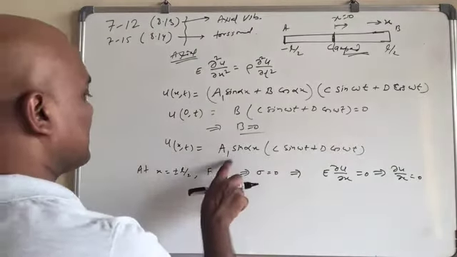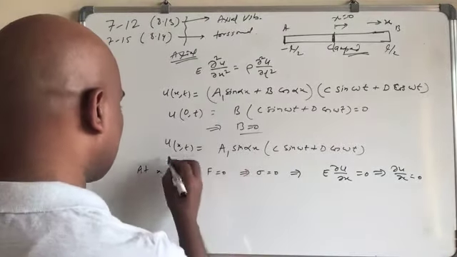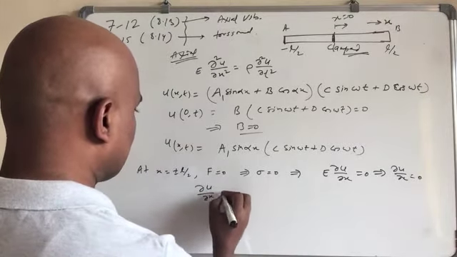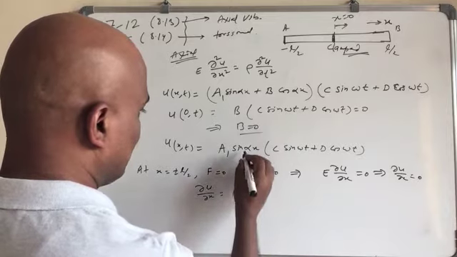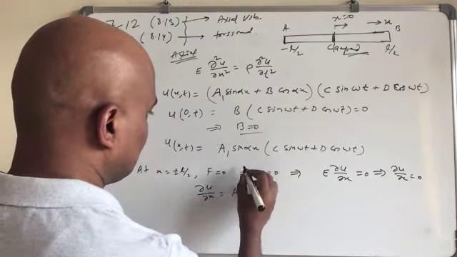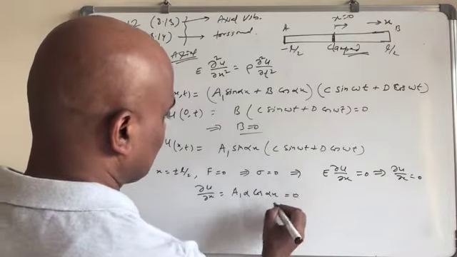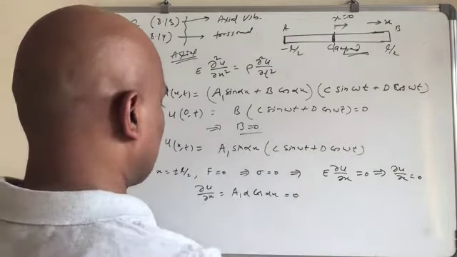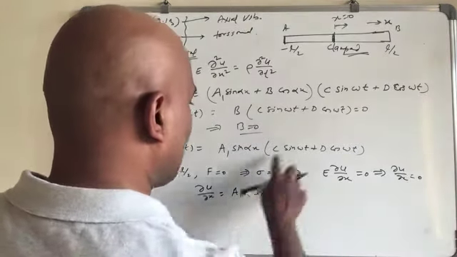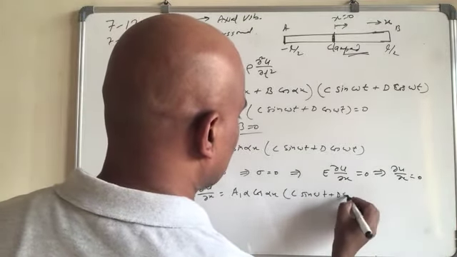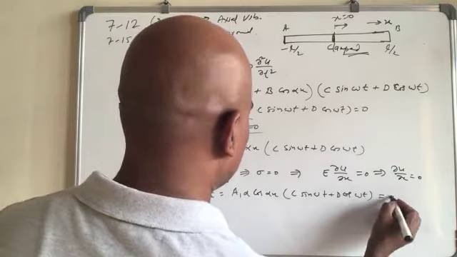If that is the case, then what do we get? From here, del U over del X equals A1 times alpha times cos alpha x equal to 0, multiplied by all these things, c sine omega t plus d cos omega t, all equal to 0.